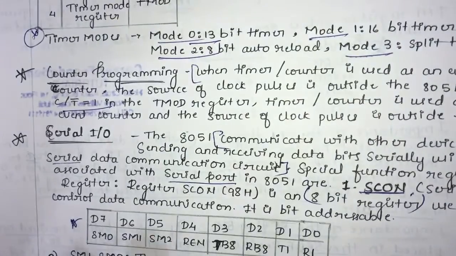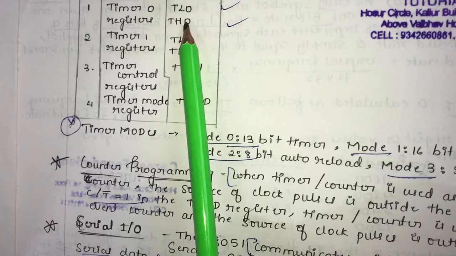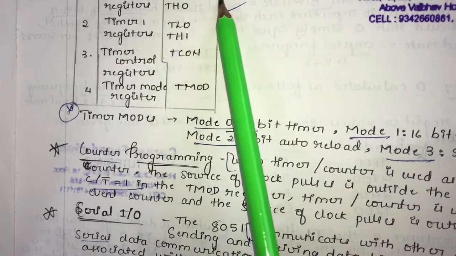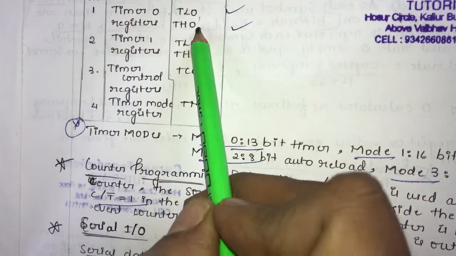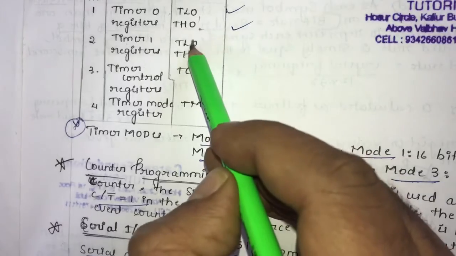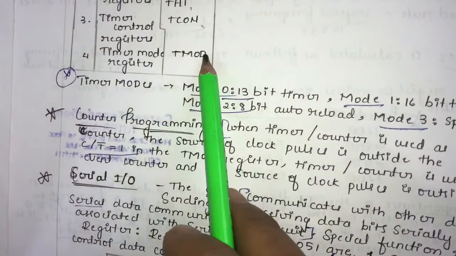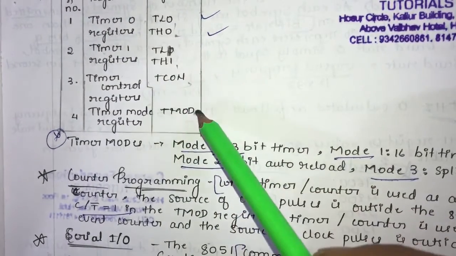These are the basic registers of the timers: timer 0 registers TL0, TH0, timer 1 registers TL1, TH1, timer control TCON, and timer mode register TMOD.